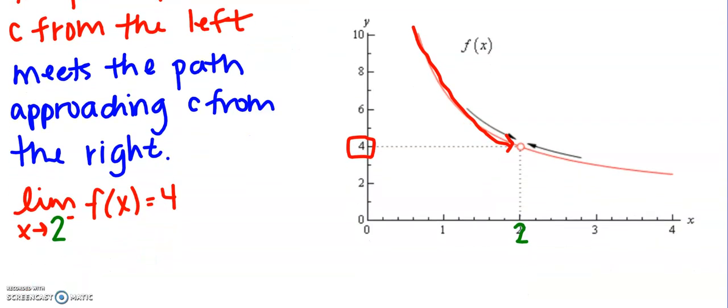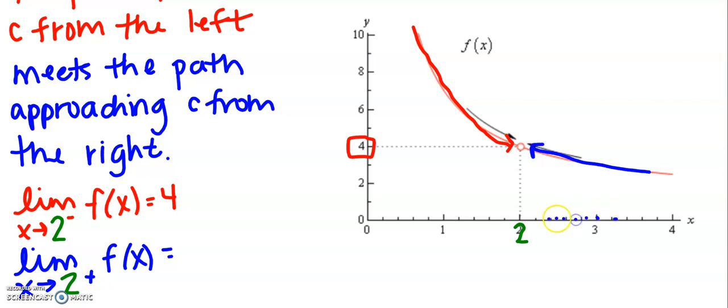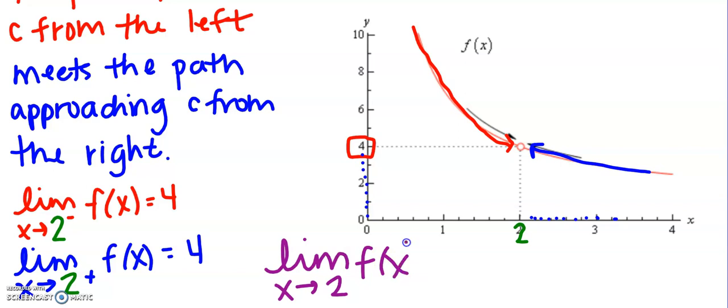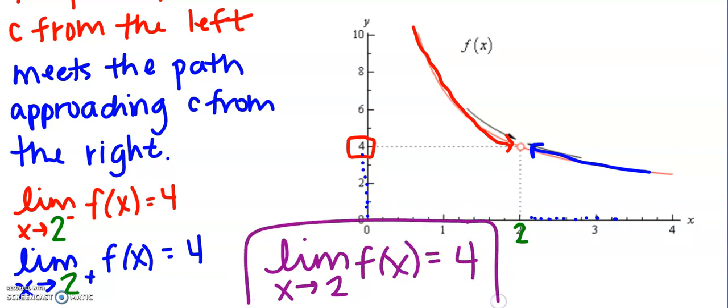Then I'm going to think about the limit as x goes to 2 from the right of my function. So my path as x gets closer to 2, where are my y values going? They are going to 4, which means that overall the limit as x goes to 2 of my function is equal to 4, because blue and red make purple.